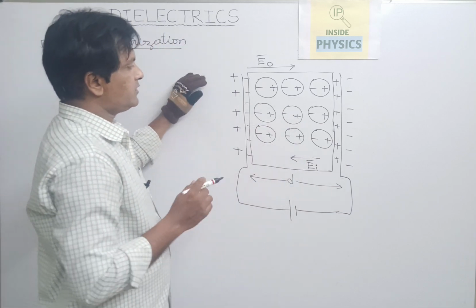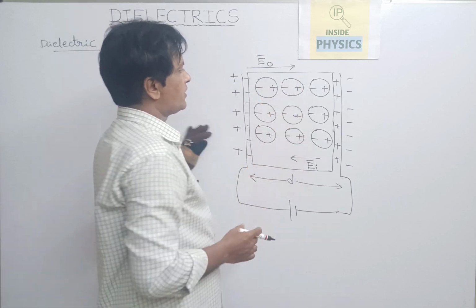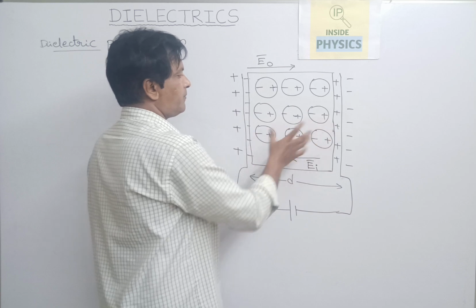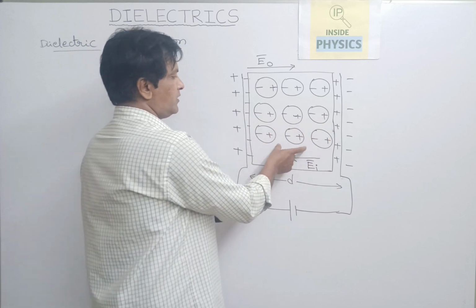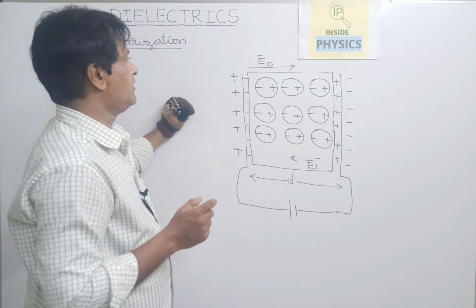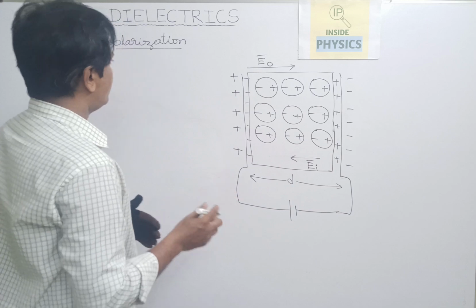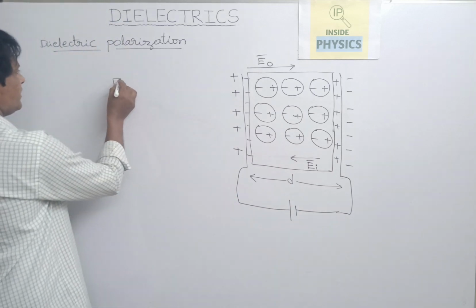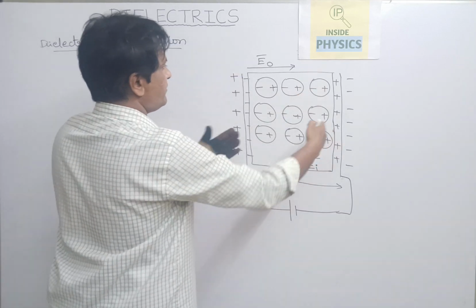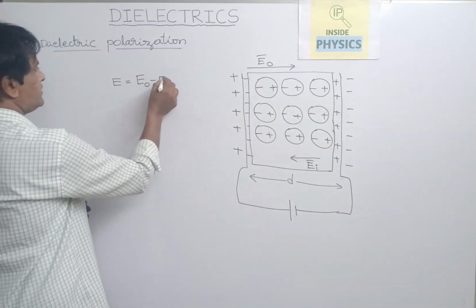So if you consider the net electric field in the space, obviously this electric field will be less than the applied electric field, because this field is very weak, as it happened only because of the polarization. So the net electric field inside the space between the two parallel plates can be written as E naught minus EI.